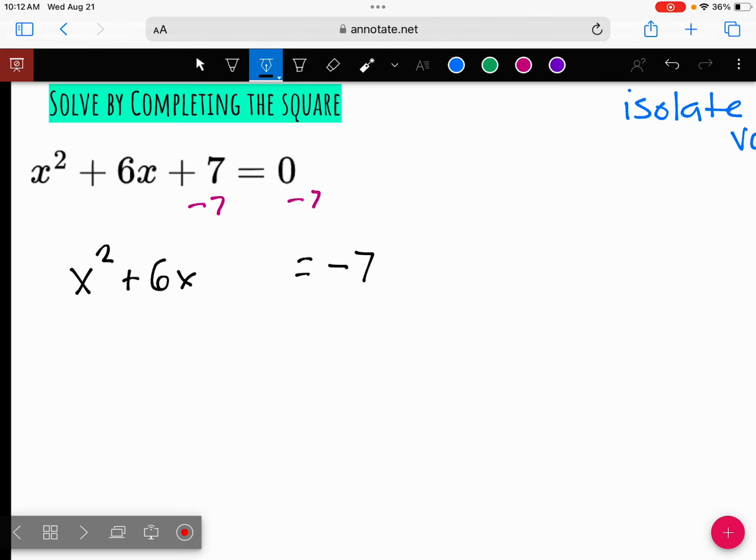Okay. So now we're going to think through those first two that we did, the very, very first two. What would I need to add here, ignoring this side, to make that be a perfect square trinomial?